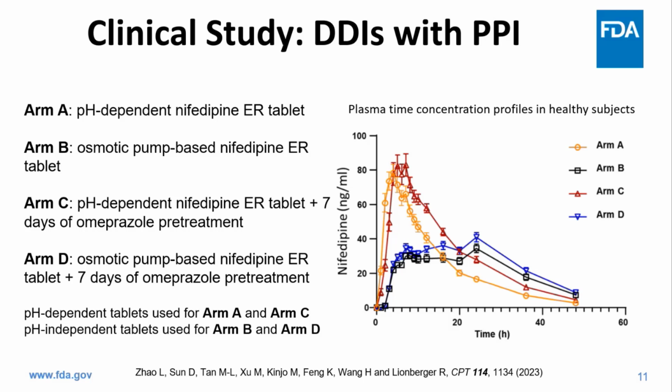Again, arm A and arm C, shown in orange and red, are the results using pH-dependent nifedipine ER formulations without versus with 7 days of omeprazole pretreatment, while arm B and arm D, shown in black and blue, are the results using pH-independent nifedipine ER formulation, that is osmotic pump design, without versus with 7 days of omeprazole pretreatment. You may see different PK profiles in different arms with different study designs.